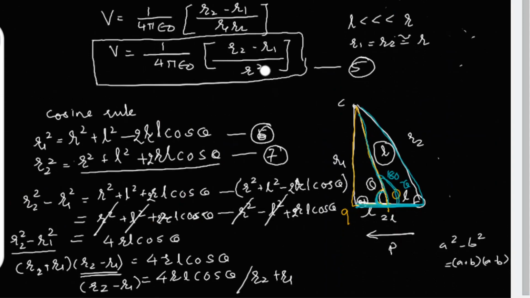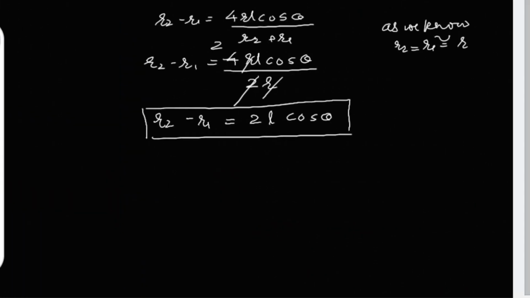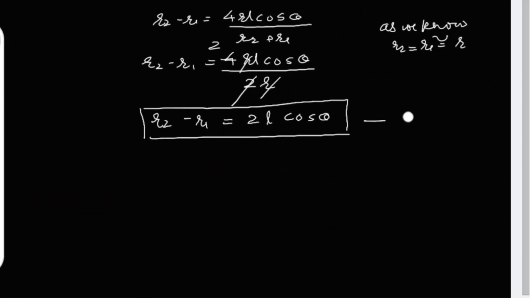V is equal to 1 upon 4 pi epsilon 0. In this equation, this substitution I can do from equation number 8. Okay, so I'll write here again, this is equation number 8.